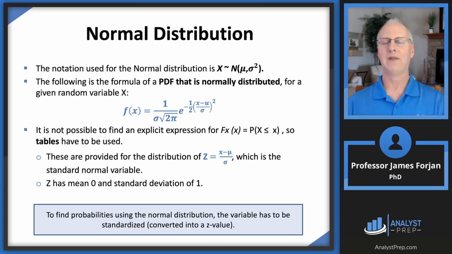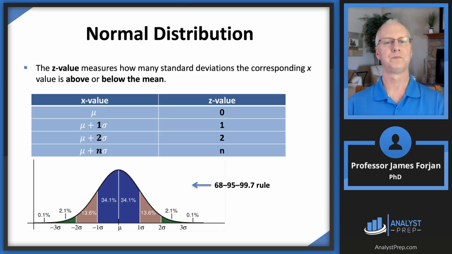I've said this to you before, it is a standardized normal variable, which means that it has a mean of 0 and a standard deviation of 1. Now the z-value measures how many standard deviations. So let's try to figure this out.